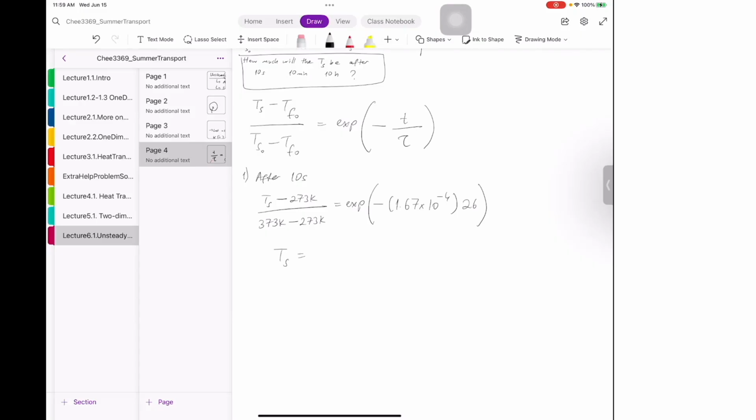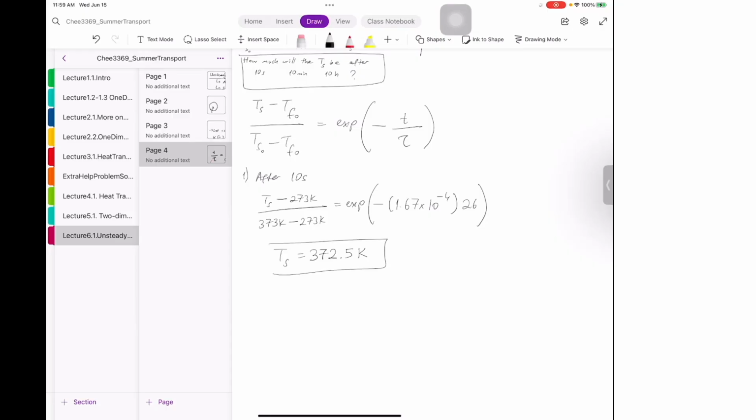Somehow I don't have my calculator with me, and it's really difficult to do with the computer. I got 372.5 Kelvin.